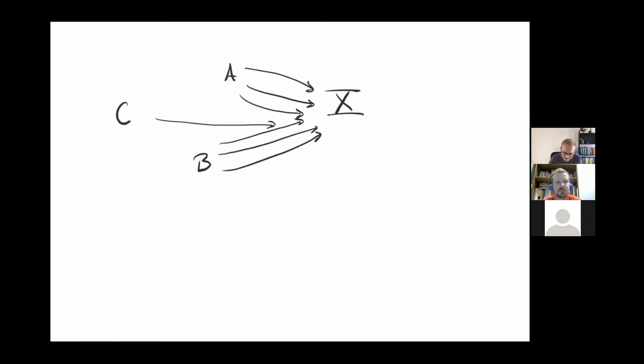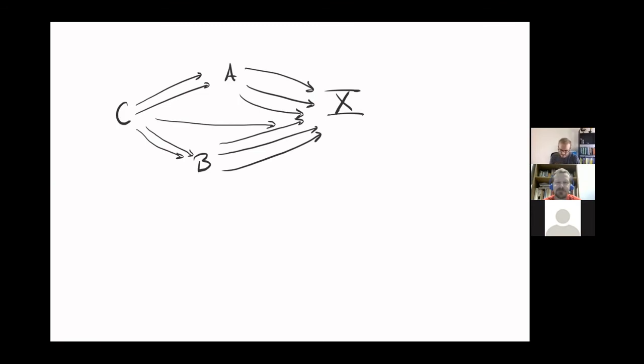But I might also know that there are morphisms from C into A and into B. And so I want to know, okay, what happens when I compose some of these morphisms, from C to A to X and C to B to X? Which morphisms from C to X do I get?